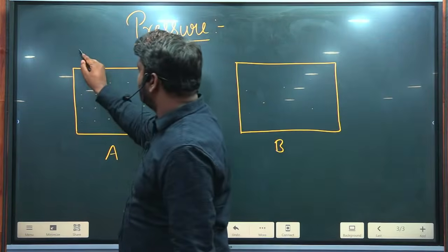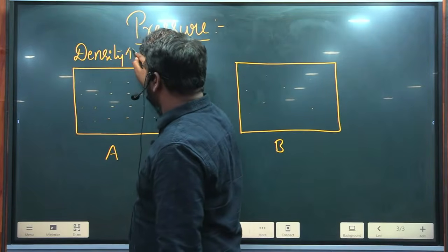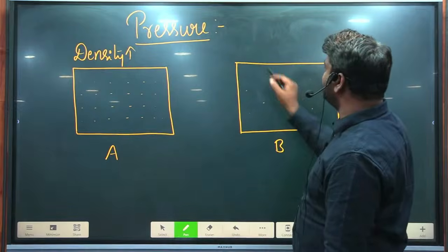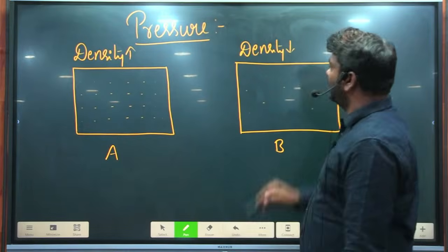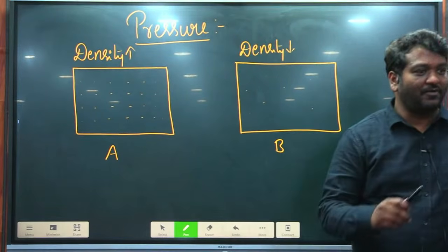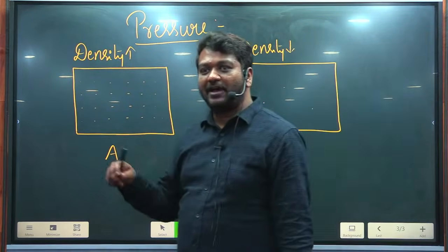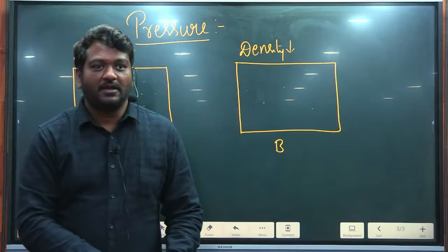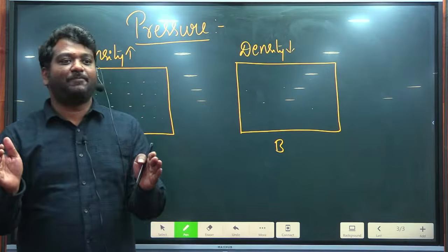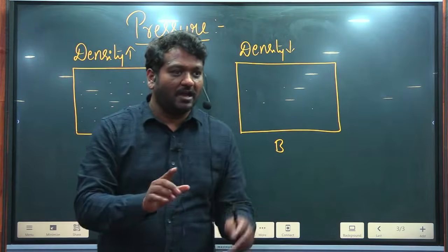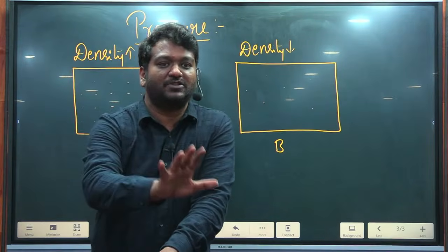More particles means density is more. Okay guys? Less means what? Density is less. Can you tell me which one will have high pressure, which one will have low pressure? A will have high pressure or B will have high pressure? Can I say more particles means high pressure, less particles means low pressure, correct? See guys, entire geography, climatology is on the basis of high pressure and low pressure.